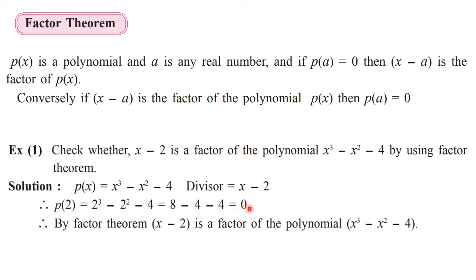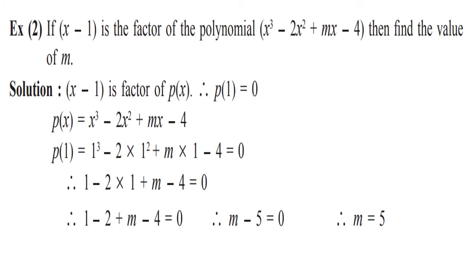Now since remainder is 0, we can say that by factor theorem, x minus 2 is a factor of the polynomial x cube minus x square minus 4. If we don't get 0 here, then we are going to say that by factor theorem, it is not a factor. Okay. Remainder should be 0, then only we can say that it is a factor, otherwise it is not a factor. Now let's go ahead.